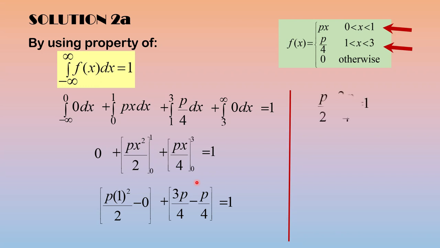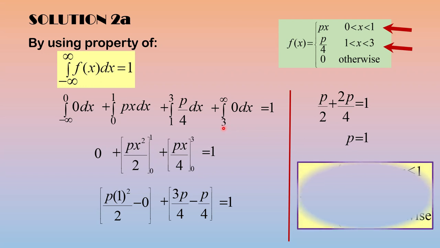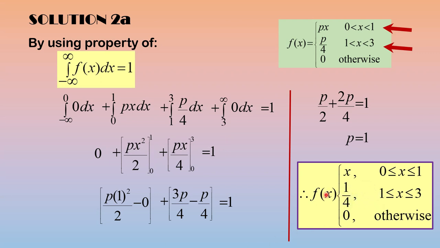And we have the value for p is 1. We will use this value to continue to answer the next parts. Therefore, our function is x for x between 0 and 1, 1 over 4 for x between 1 and 3, and 0 otherwise.